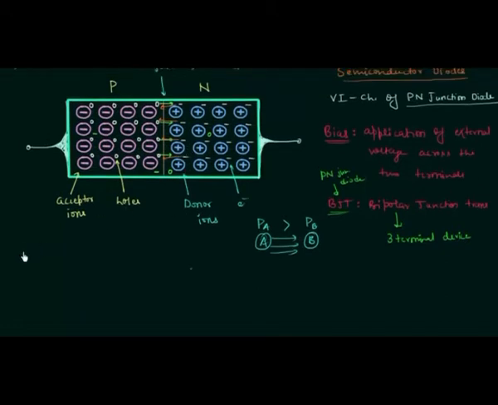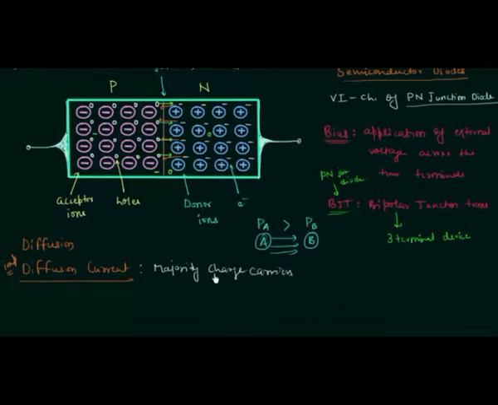This process is called diffusion, and the current is called diffusion current. This diffusion current is very important, and we have to use it a lot while solving numerical problems. Diffusion current is because of majority charge carriers.